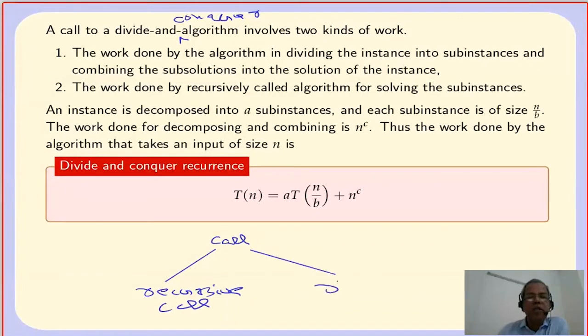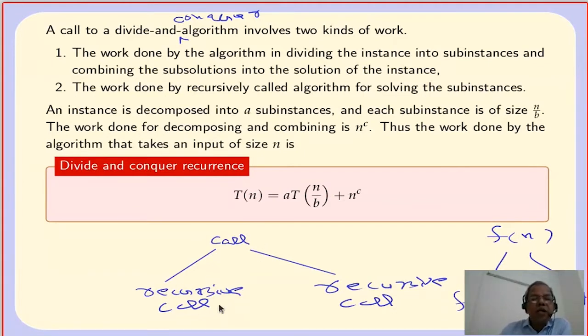This is another recursive call. For example, if it is f of n, this is given f of n by 2, this is given another f of n by 2. So a certain amount of work is done by the call itself. Then there is work done by recursive calls.